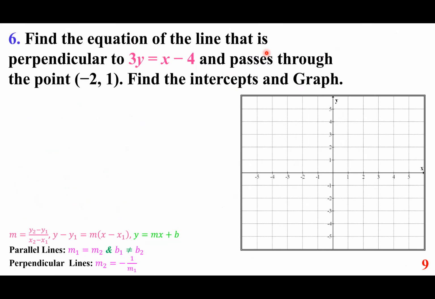So we want to find the equation of a line that is perpendicular to 3y equals x minus 4 and passes through the point minus 2 comma 1. We want to find the intercepts and graph. As always, the reason we want to find the intercepts is because it makes the graph look better. So let's get started.